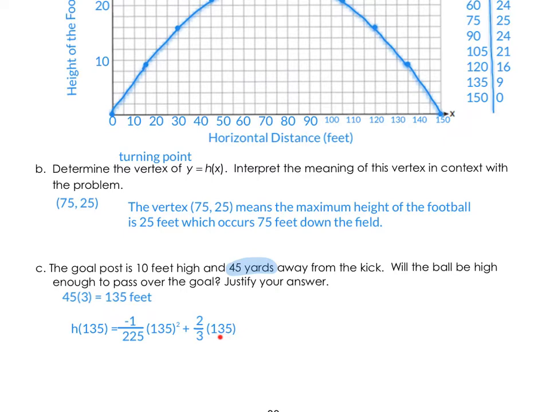This will tell me what the height of the football actually is. Then you can put this all in your calculator, remembering either parentheses around your fraction or to input it as a fraction. When you do that, you get an output of 9, which tells me that the ball will only be 9 feet off the ground. So, no, it will not. So I just wrote no, but my justification is also part of my answer here.